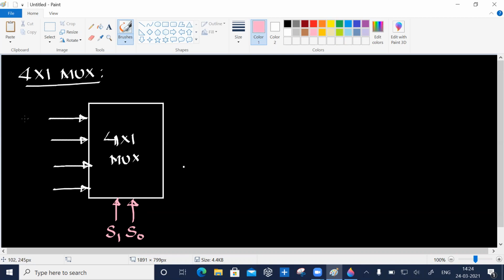And you have data inputs D0, D1, D2, D3.